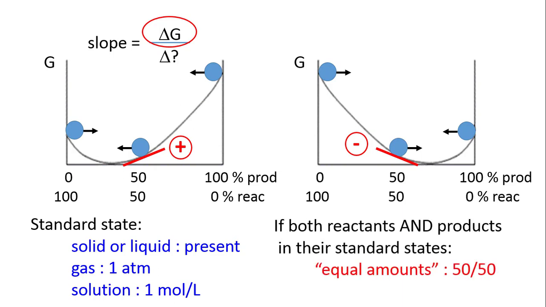If both reactants and products are in their standard states with equal amounts of each, then the situation corresponds to the 50-50 point in our plots. We can then label that point on the plot as delta G0, where the superscript 0 indicates that both reactants and products are in their standard states.